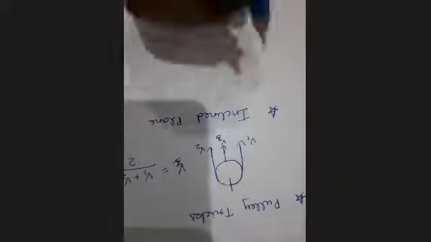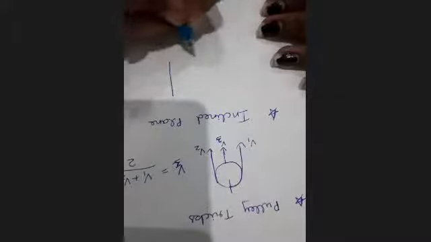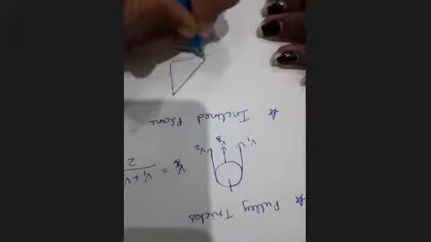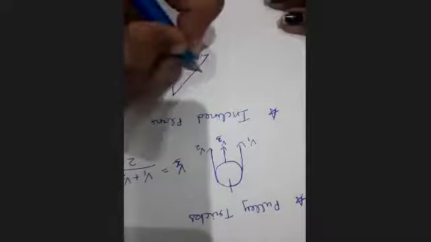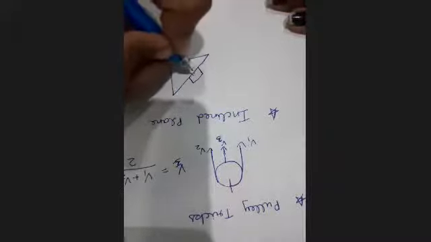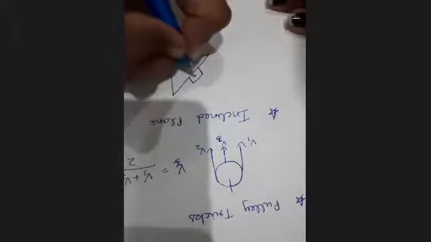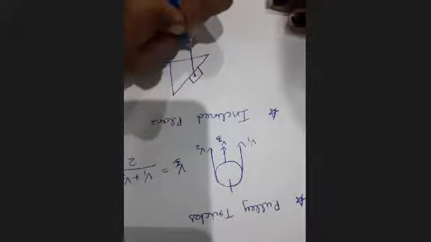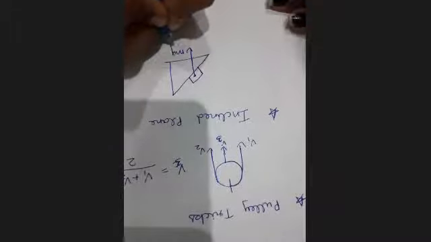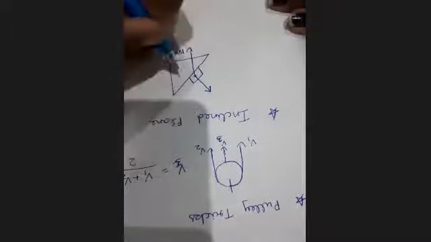For an inclined plane, this is an inclined plane and here is the block. So to measure this kind of sum, on this block, mg acts downwards and N acts in this direction.